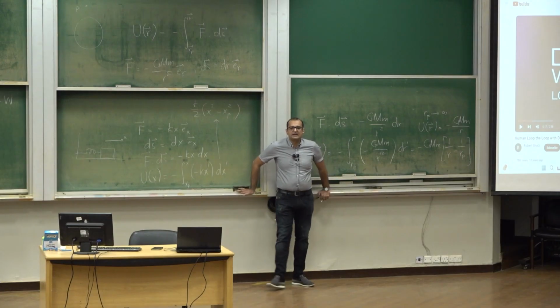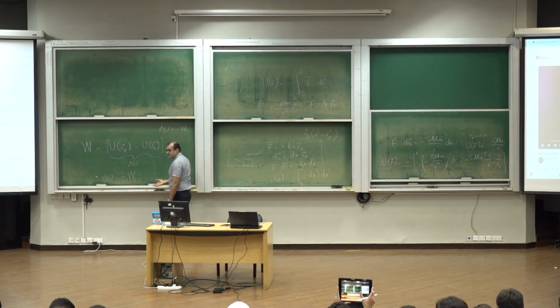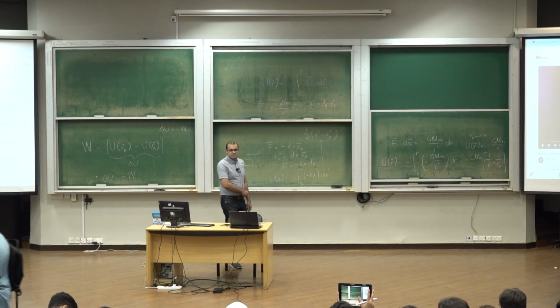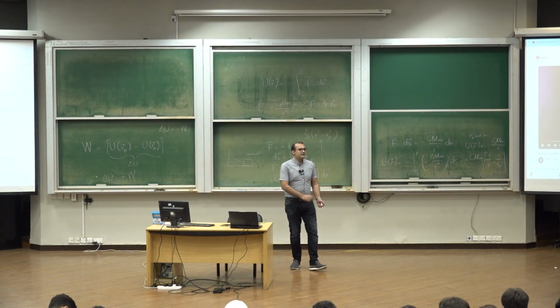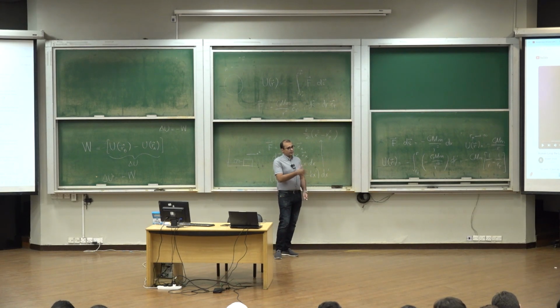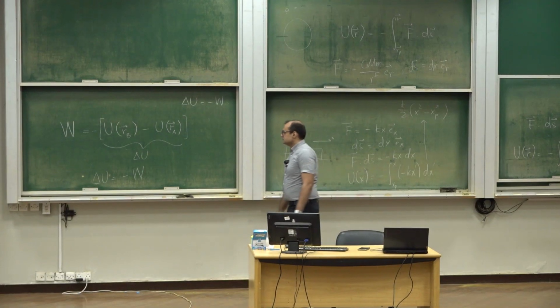You do the same in high school too. Okay, right? So there's a very systematic way of getting this potential energy function. You just need to integrate the conservative force over displacement from a reference point which you choose in an appropriate way so that you get the simplest possible answer. Okay, you do that, you get your U.